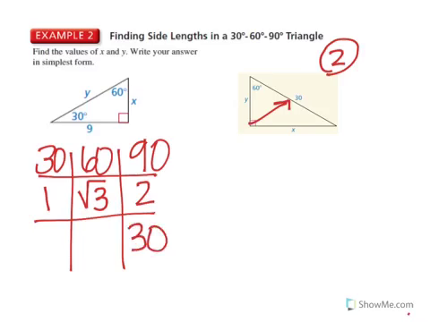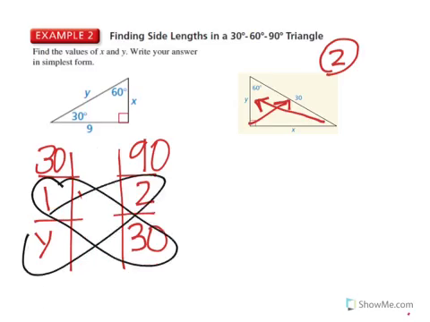If I solve for my y first, which is going to be my shorter side, the one that is directly across from the 30-degree angle, I'm going to put a y right there. And for this case, we're going to again pretend like this column is not there and do our cross multiplying. So when we cross multiply, we're going to get 1 over y would equal 2 over 30.